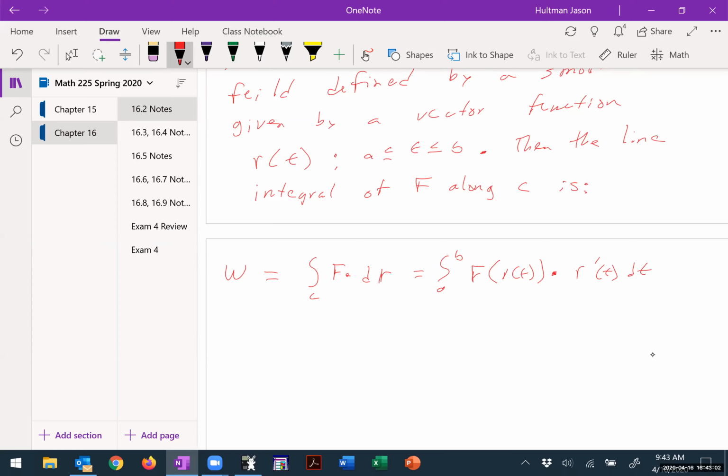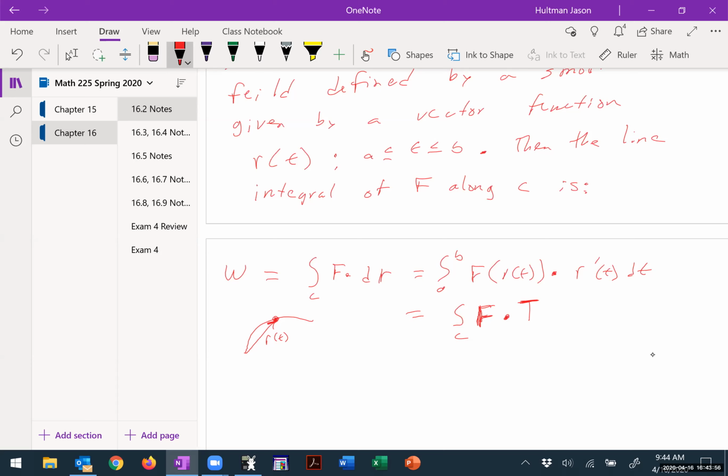because remember, if we have a curve and this is R of t at this point, these are our space curves, a curve defined by a vector valued function.